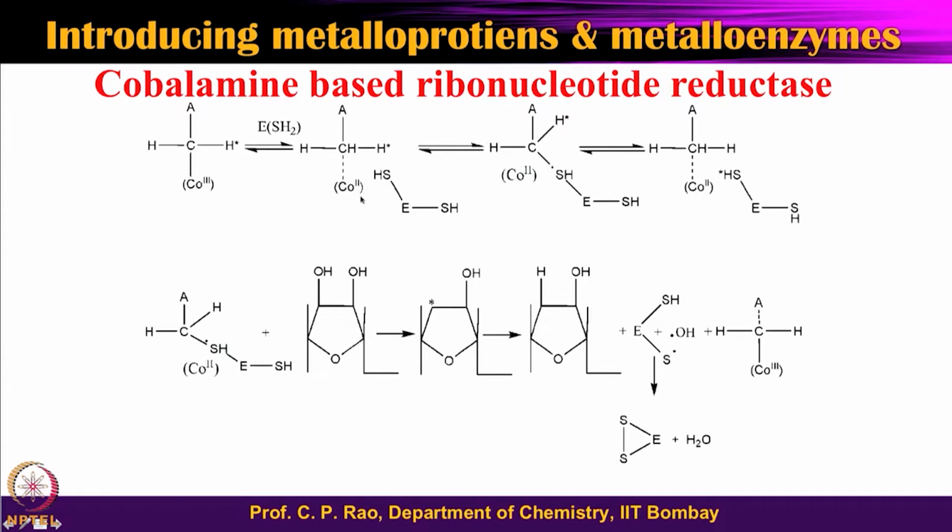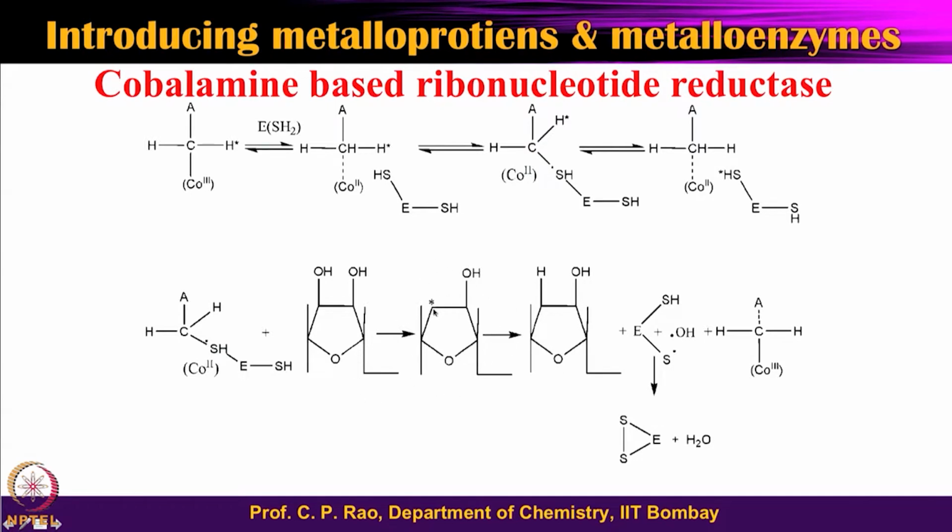Earlier, this radical was directly transferred to the substrate which is a diol, but here it is not transferred to the substrate, it is transferred to the enzyme containing the dithiol moiety. So you have the cobalt 2 and the carbon center, this radical is transferred to the dithiol of the actual protein, and that in turn is transferred to the ribosyl part of the substrate. So this is not from the adenosyl, this is from the substrate.